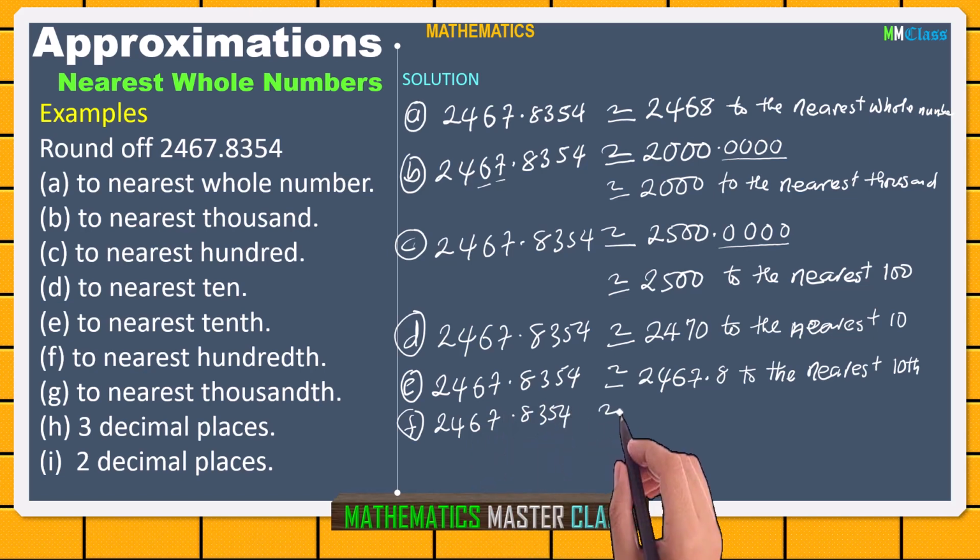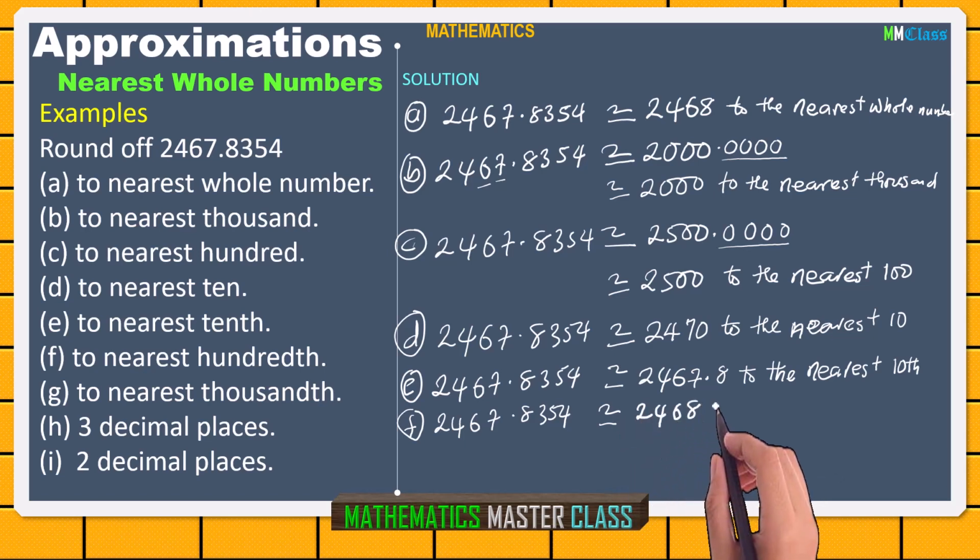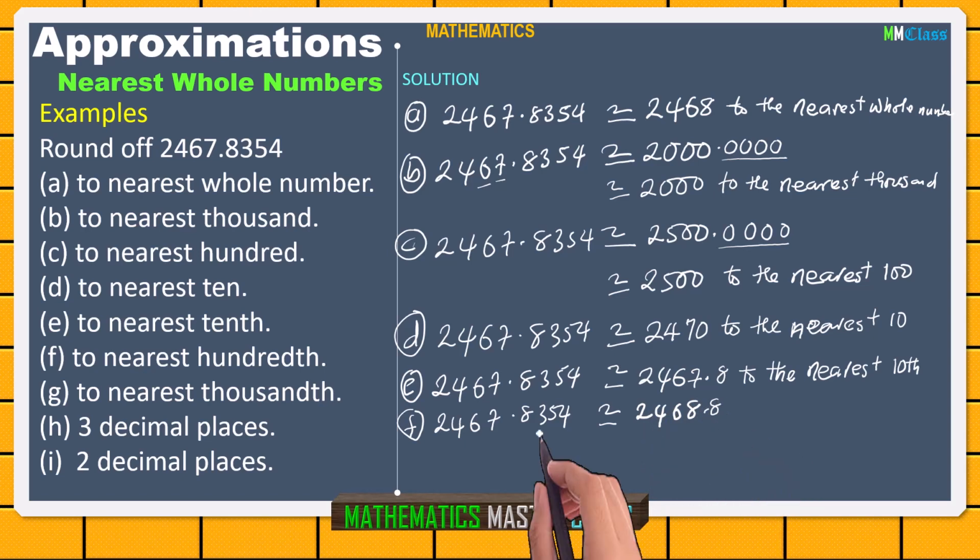2467.8354, to the nearest, f is to the nearest hundredth. So it's the same thing as approximation to 2 decimal places. Before we write down 3, we check the number after it, which is 5. Is 5 a number to round up or a number to round down? It is a number to round down.